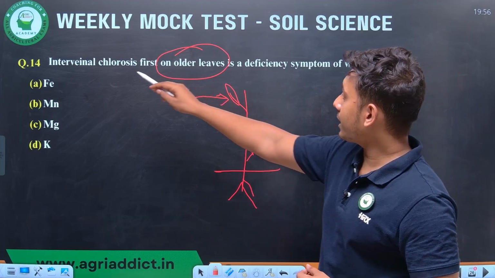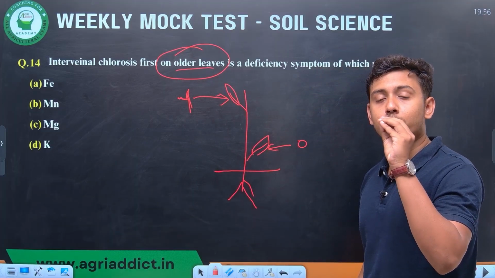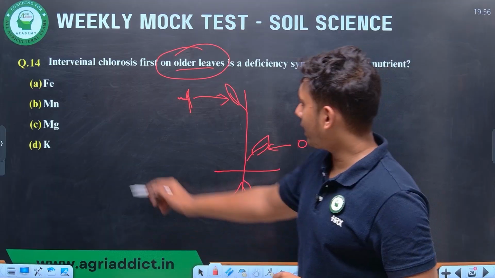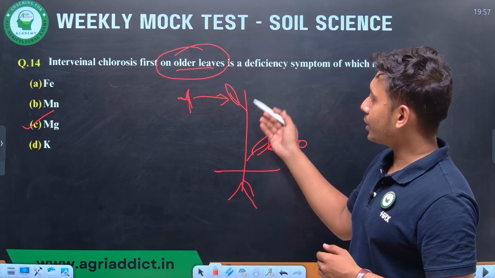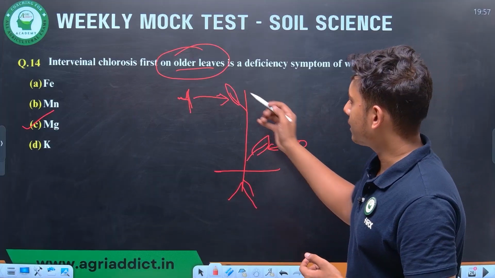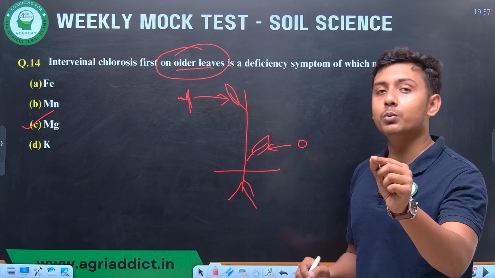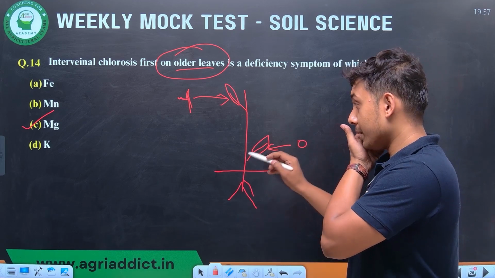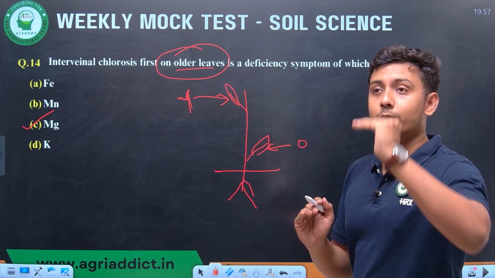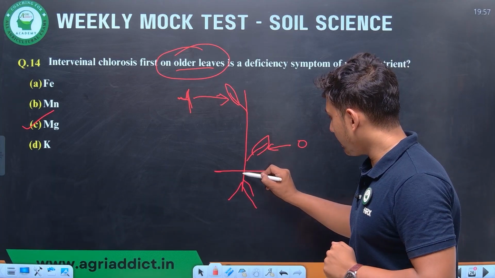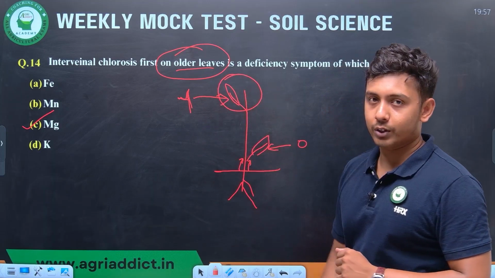So if interveinal chlorosis is first observed in older leaves, the nutrient should be mobile in the plant. Here the mobile nutrient is magnesium. The question can also come in the reverse form, that is chlorosis on the younger leaves, then we have to judge which is the immobile nutrient in the options. Because it is immobile, its rate of moving is slow, so it can reach only up to the older leaves. So younger leaves get starvation.